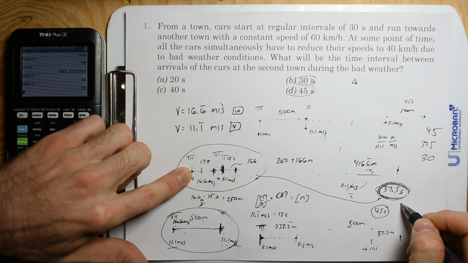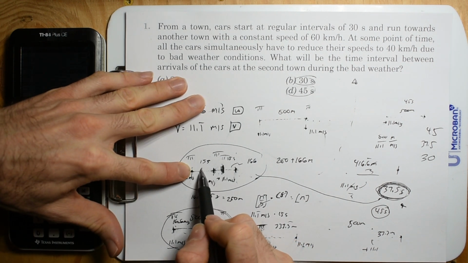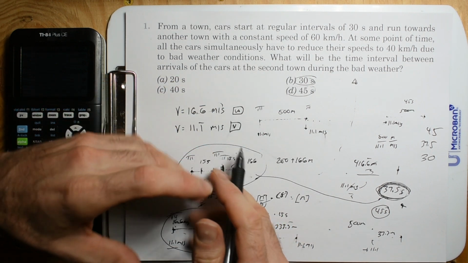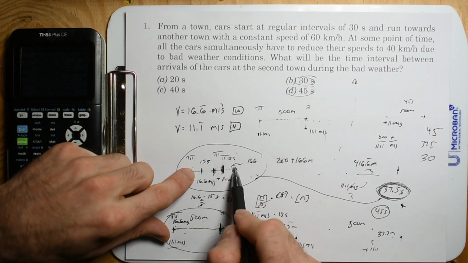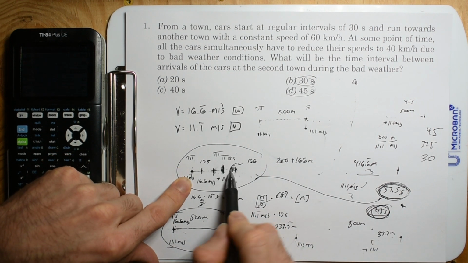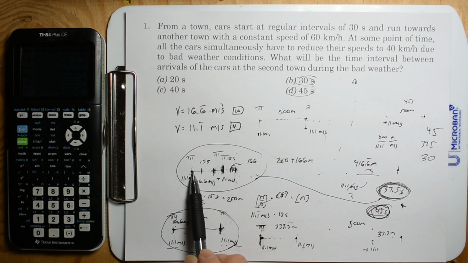How is that going to adjust this speed? If the storm hits later, these cars will be farther apart, and farther apart meant that separation of 45. So if I'm right here, I'm going to have a separation of 40; right here, it's 37.5; if I'm really close, it's going to be 30, so 35.